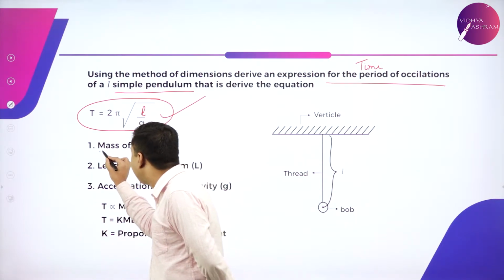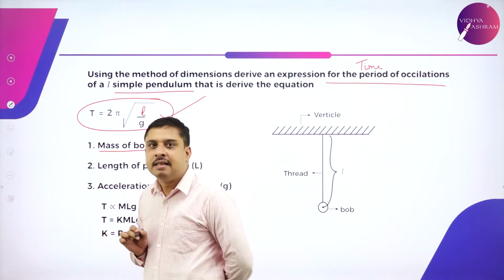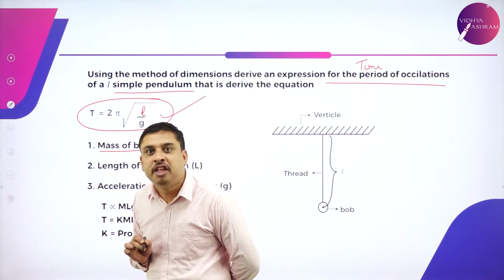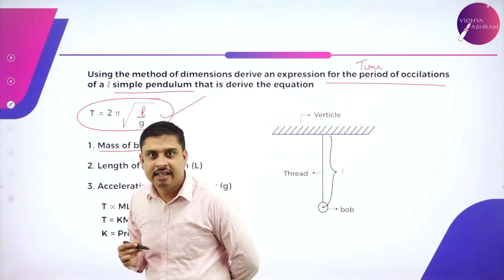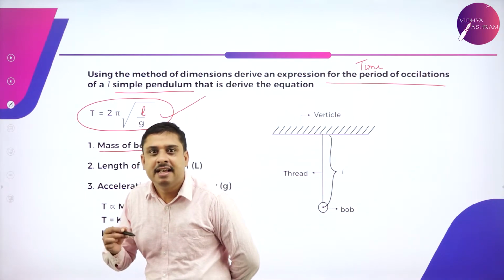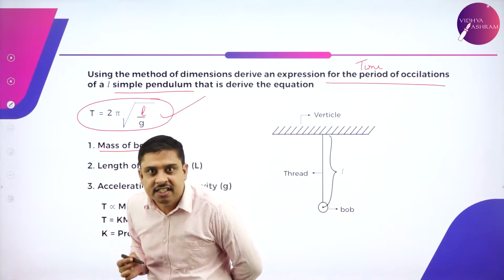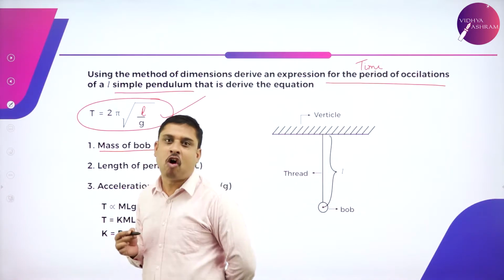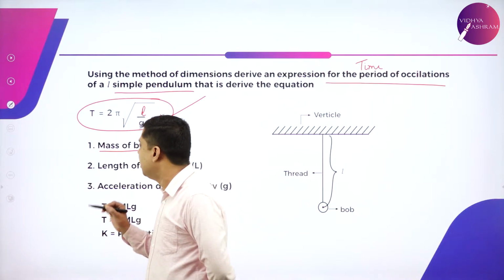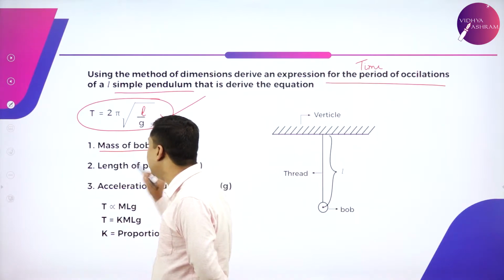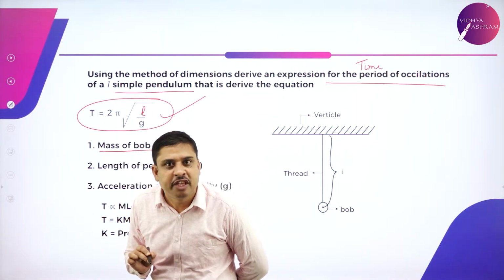The first factor is the mass of the bob. Considering the factors which affect the period of oscillations, the first factor: mass of the bob.